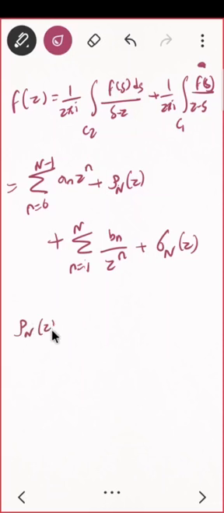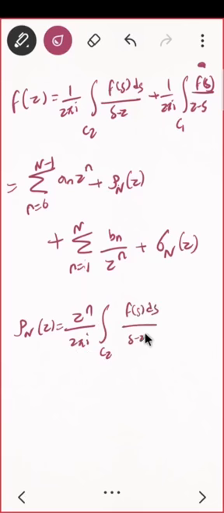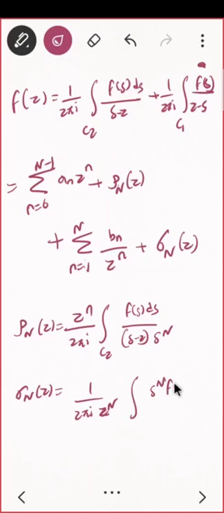Rho n of z is z raised to n upon 2 pi i integral over c2 f of s ds upon s minus z into s raised to n, and sigma n of z is equal to 1 upon 2 pi i z raised to n multiplied by the integral of s raised to n f of s ds upon z minus s.